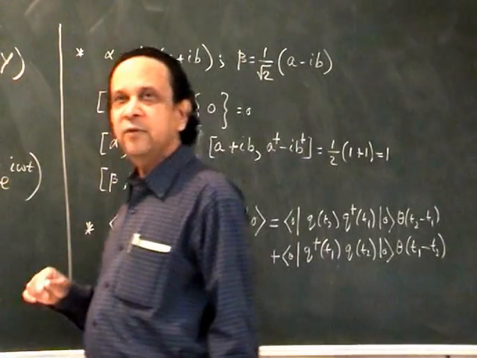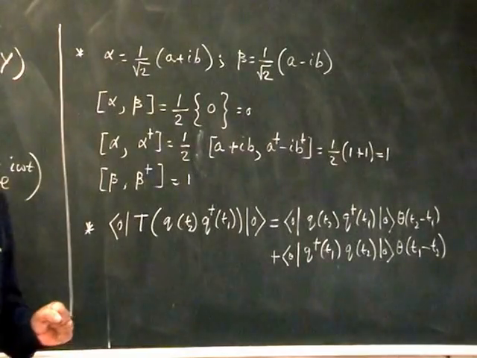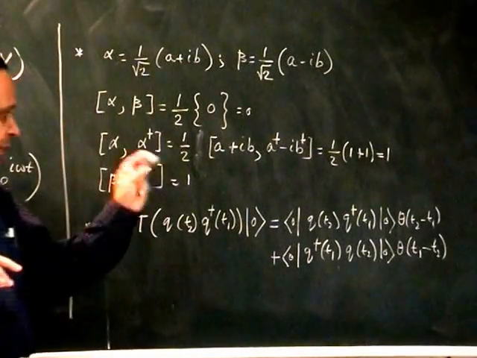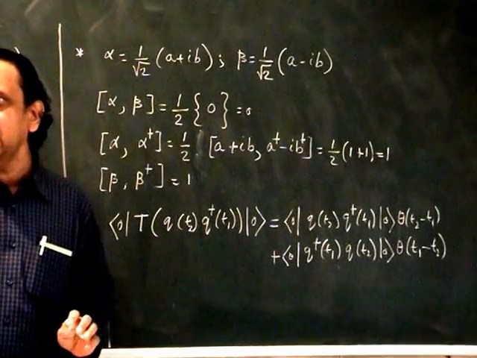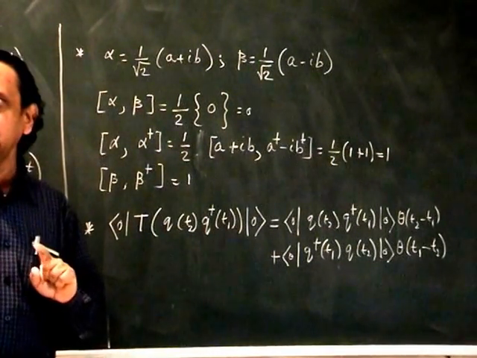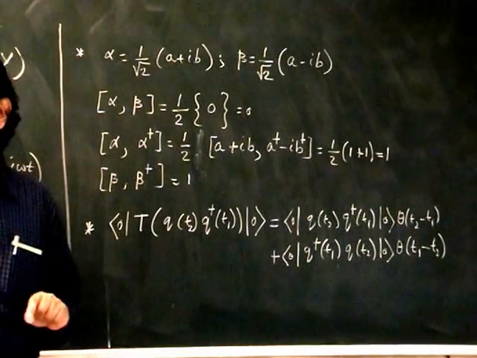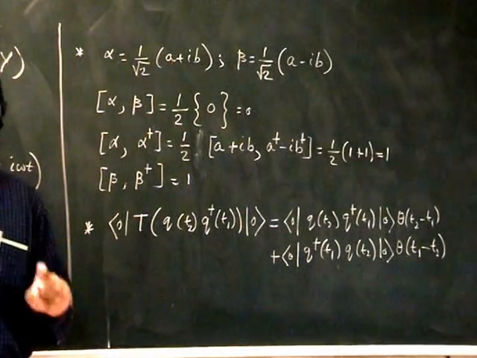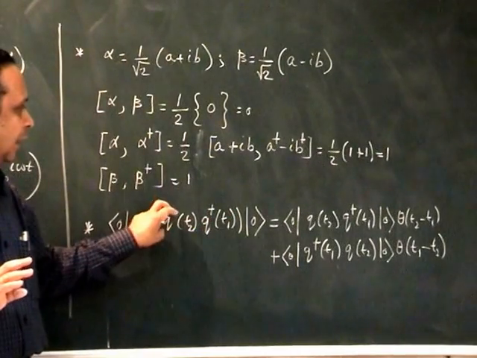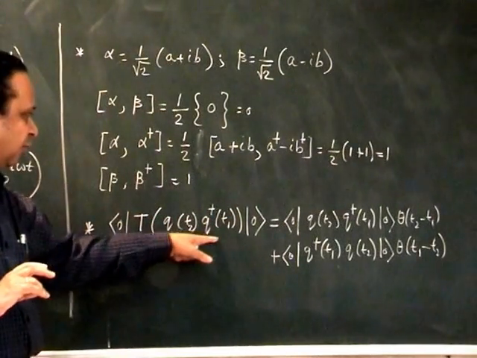This is something which we will keep using in field theory, so it is good to spend a moment and get acquainted with it. Okay, this is a formal definition, but what you should carry in your head is that the operators inside should be ordered in time from right to left. Okay, don't do anything else. For example, don't change the dagger or anything. Whatever is sitting here, you don't do anything if the time flow is correct.